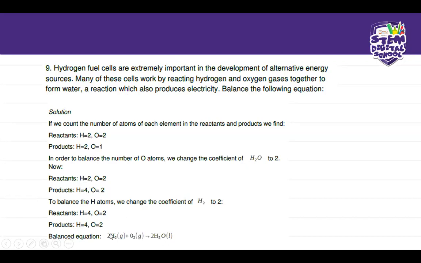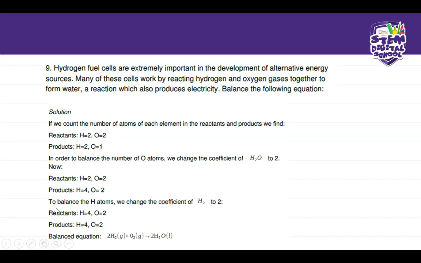But luckily for us, these ones are not joined together by anything. So if we change this hydrogen gas alone, it doesn't affect any other element. Okay, so it's going to be times 2. We're just going to add a 2 in front now, and it's going to be 4, right?